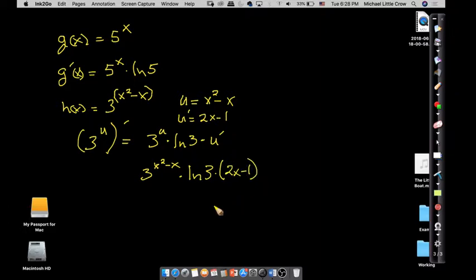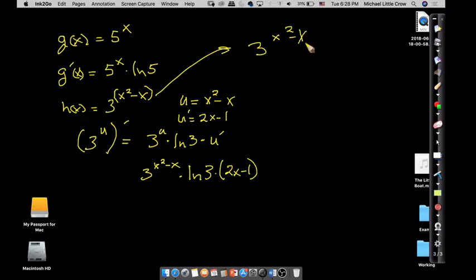Okay. So part of these you might get to the place where you don't actually go do the u substitution. You might just look at this and say, well, this is going to be the answer itself, right? Because with an exponential, the exponential itself is always part of the answer.